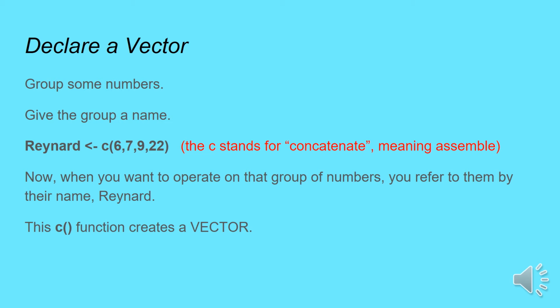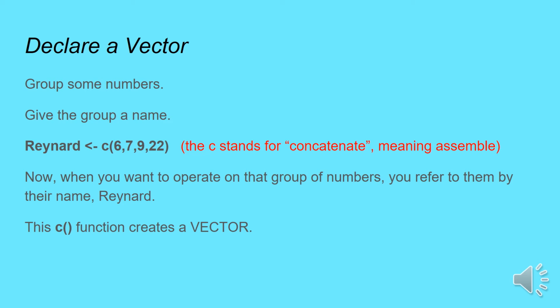And just like with handling a single variable, Hamlet, you can handle Reynard in exactly the same way, except it's going to print out or return or operate on a vector, a group of numbers. You just refer to them by the name Reynard. Now, in this instance, I've capitalized Reynard.